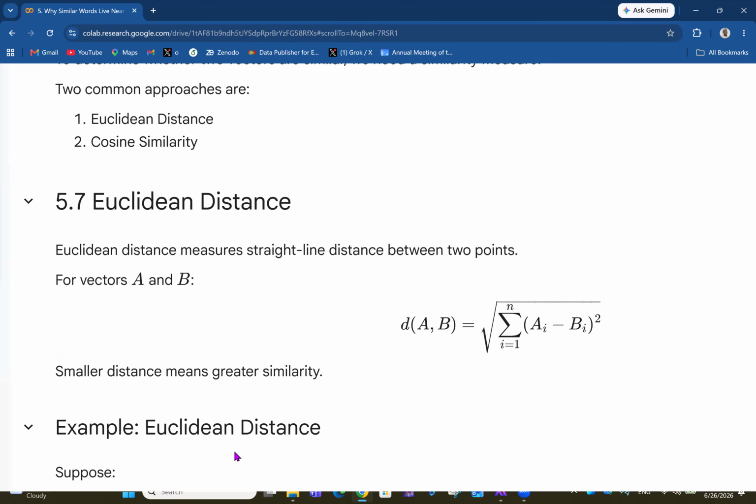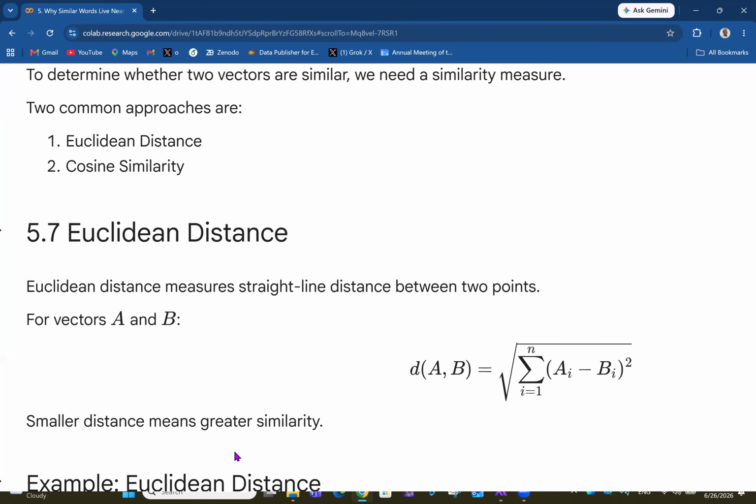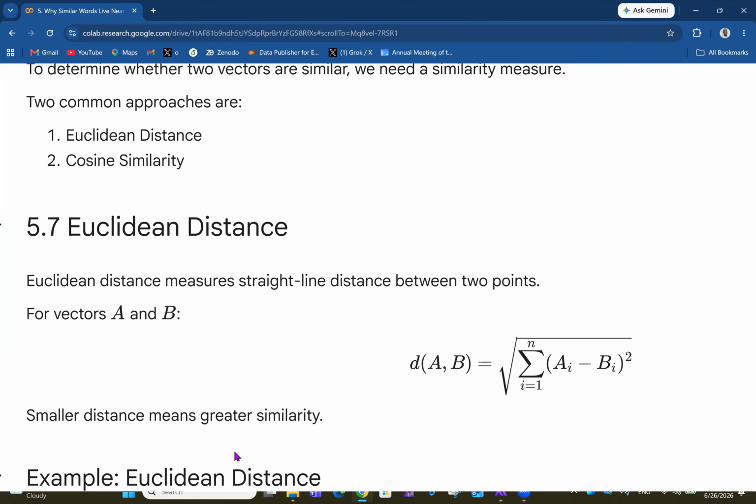Euclidean distance measures the straight-line distance between two points. If you check my playlist on coordinate geometry, that's what Euclidean distance is all about. I want to show that a little bit.